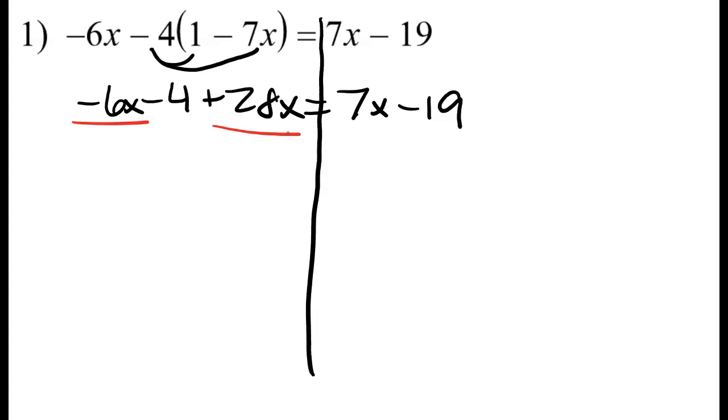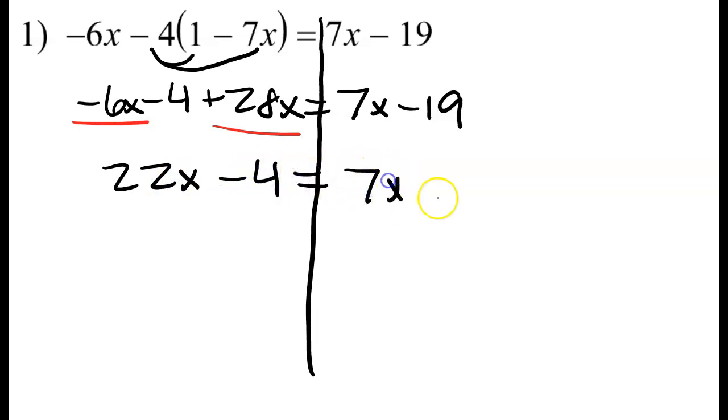It's very important. You cannot combine the 7x with those two x's because they're on separate sides of the equal sign. So all I'm going to do right now is put the -6x together with the 28x, and that will become positive 22x.